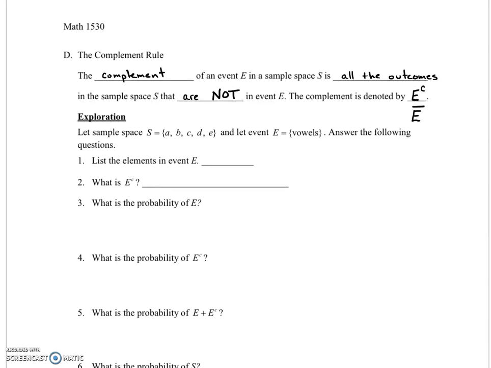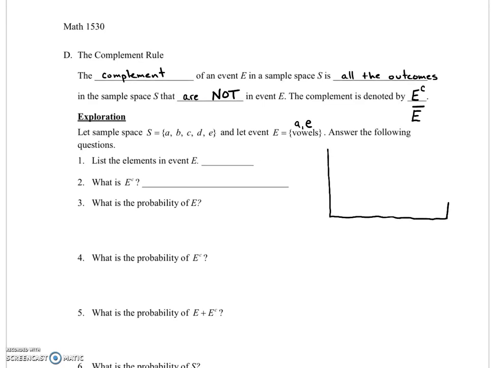Okay, so let's explore for a little bit. What if our sample space S is the letters A, B, C, D, E, and event E is the vowels? So there are two vowels in S, and they are A and E. So let's draw the sample space.